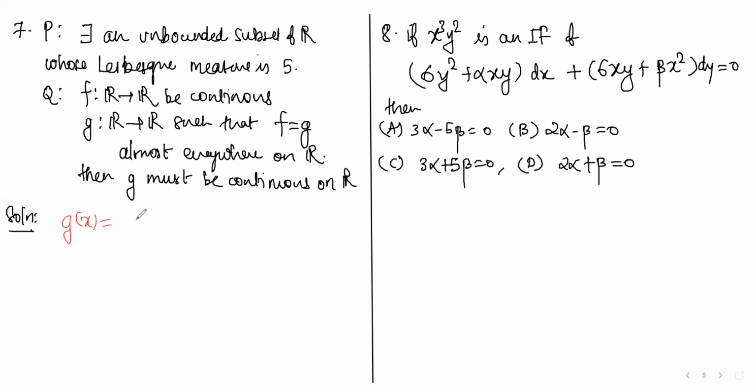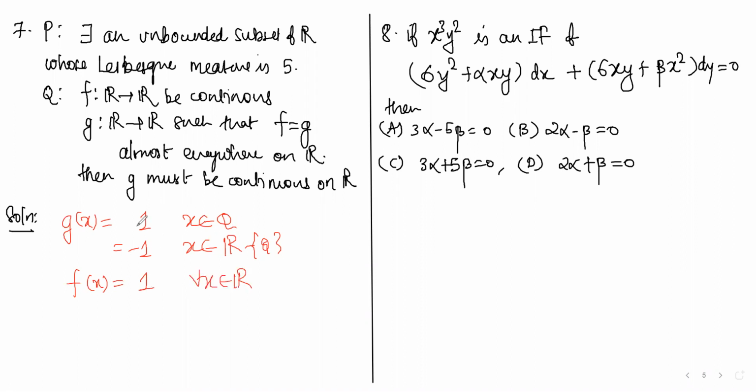So g of x is 1 for x belonging to Q, and I'll take -1 for x belonging to Q complement, or you can say R excluding Q, that's the irrationals. And now define one more function, f. f of x is defined to be, say, 1 for all x belonging to R. Define it as a constant.